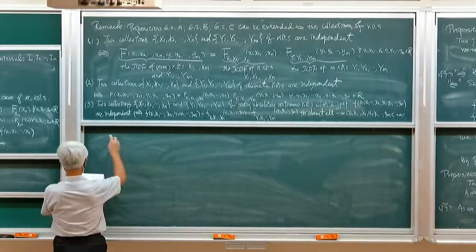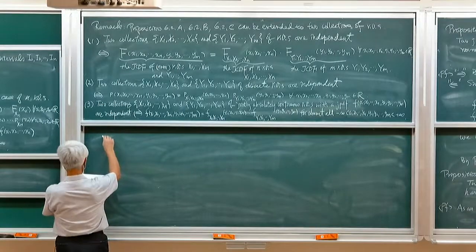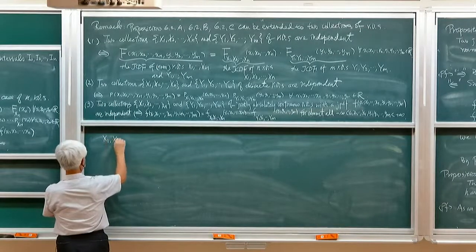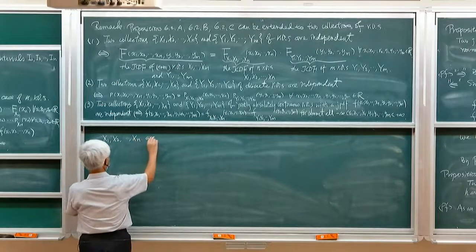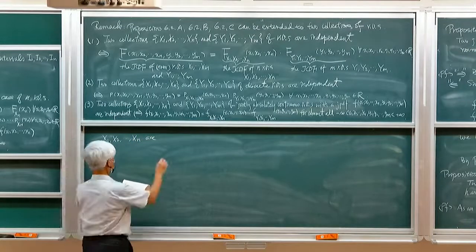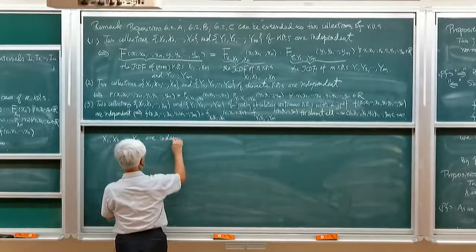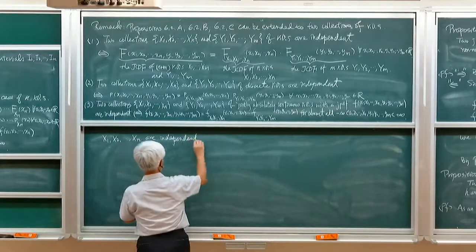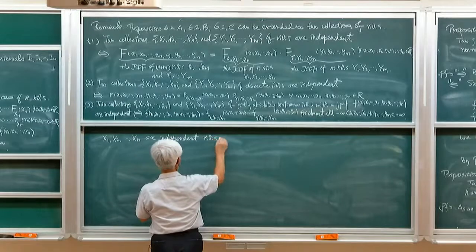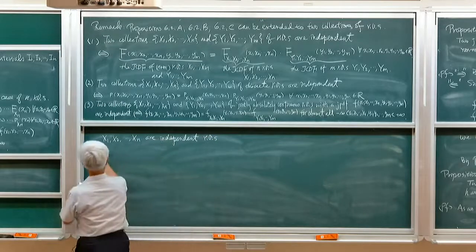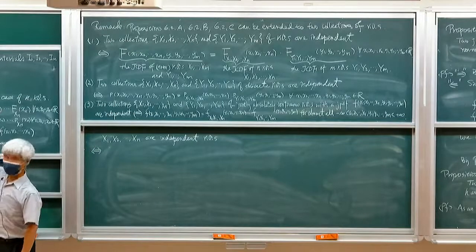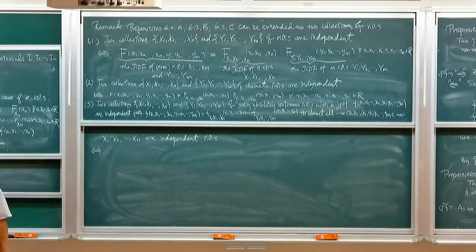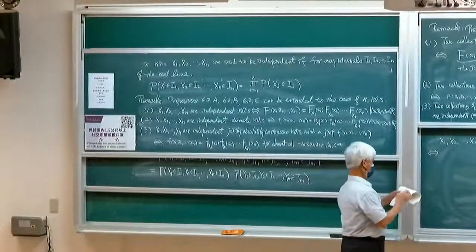All right, and so x1, x2, up to xn are independent random variables. Now you can utilize the concept introduced right now.